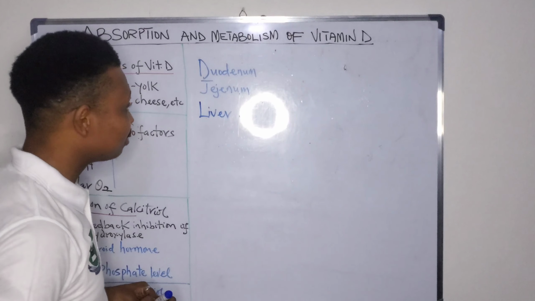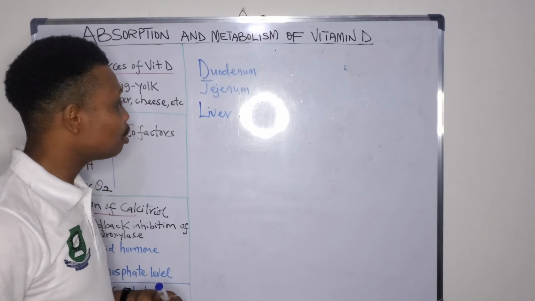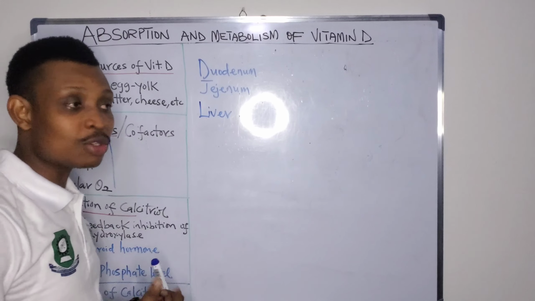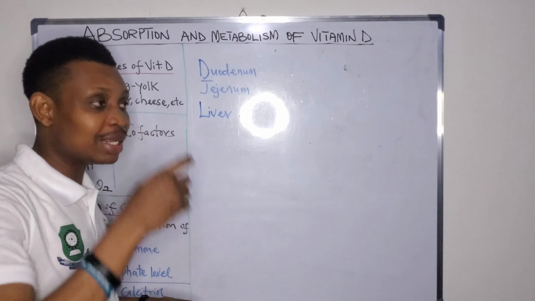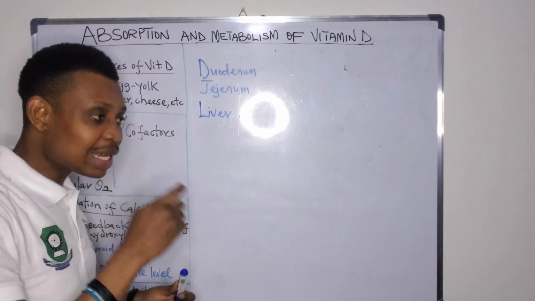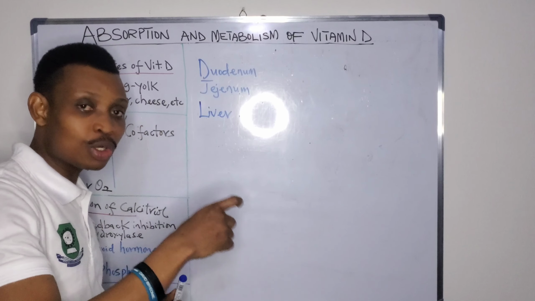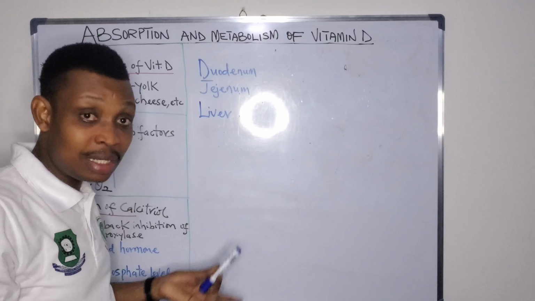Now, in the liver, vitamin D undergoes a process of hydroxylation where a hydroxy group is attached to it, and that hydroxylation occurs at position 25 of the vitamin D structure.